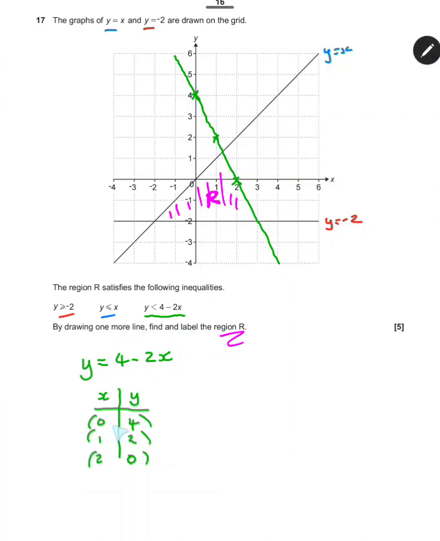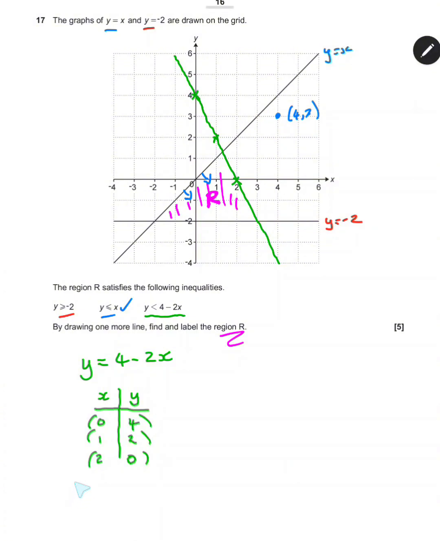So let's just have a look at my straight line graphs again. If this is y equals x, then pick any point on this side and just check, is y smaller than x? Well, this is the point 4, 3. And y is smaller than x. So I'm definitely on that side of my line.